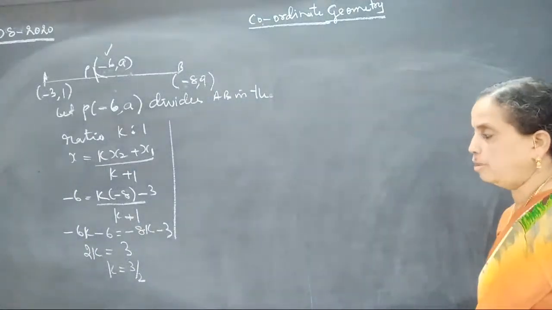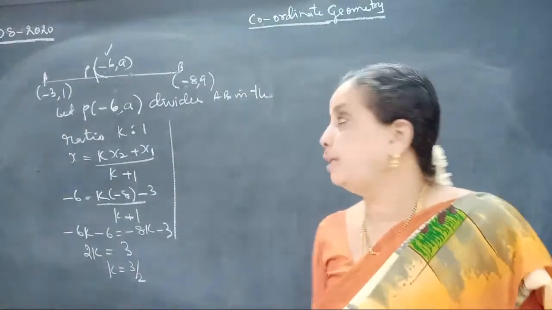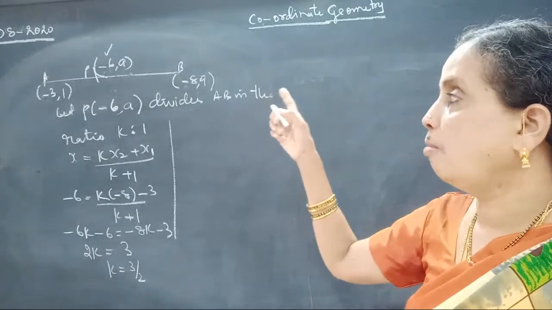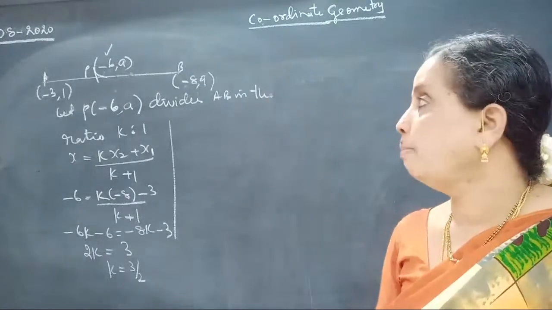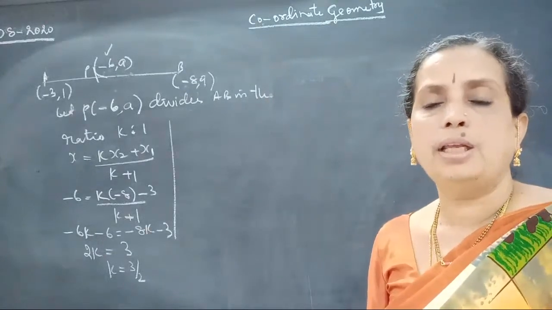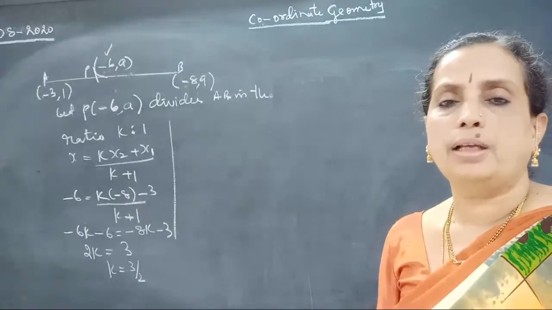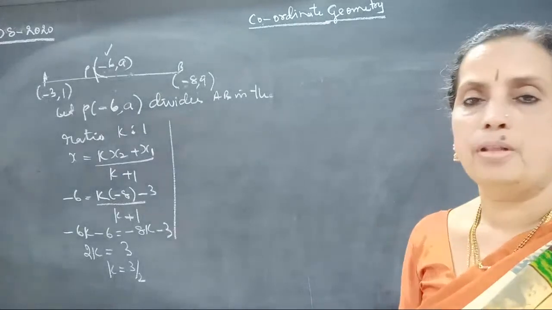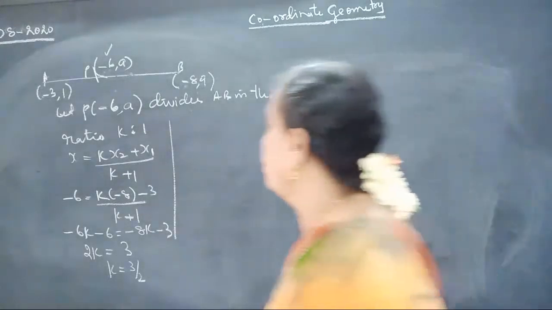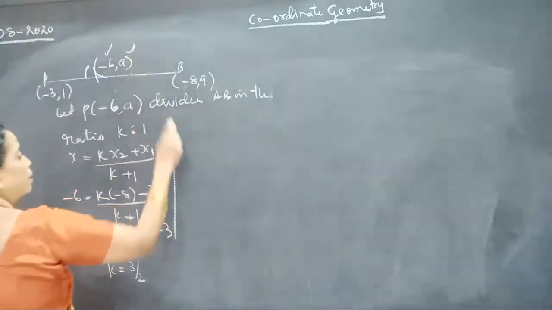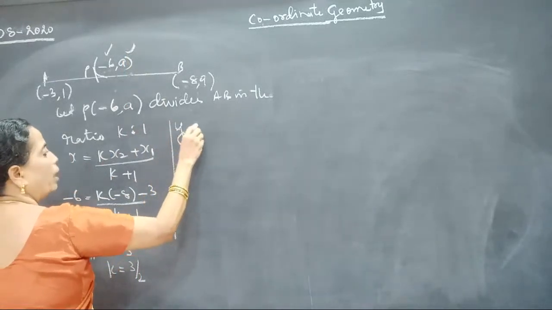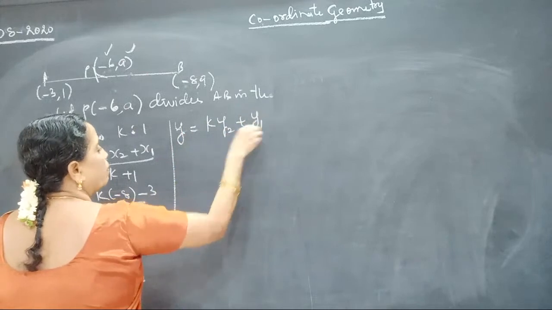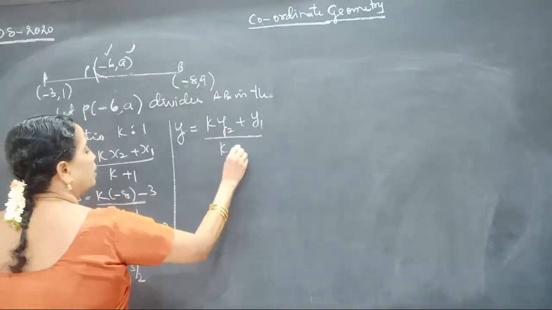So when k equals 3 by 2, that means point P minus 6 comma A divides AB in the ratio 3:2. And further they have asked to also find the value of A. Here A refers to the y value and we have the y formula. y equals k y2 plus y1 by k plus 1.